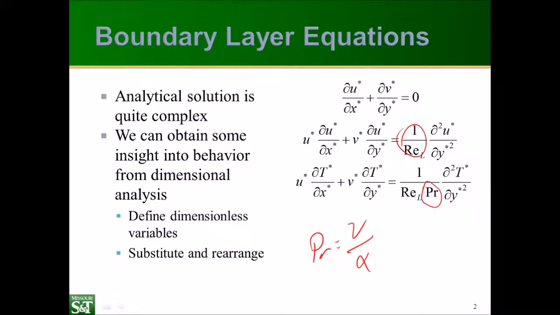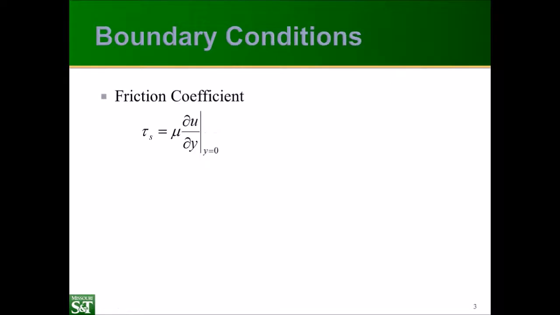So now we're going to look at comparing the friction coefficient with the heat transfer coefficient. Now, for the friction coefficient, we take this equation for wall shear, and we convert this into a dimensionless form as well. We define the dimensionless velocity, dimensionless y coordinate, and that gives us something that looks like this.